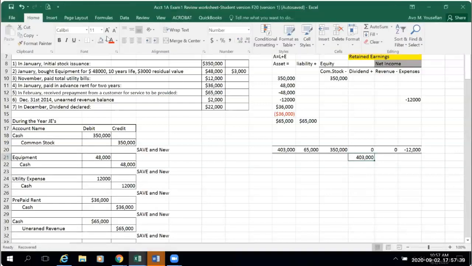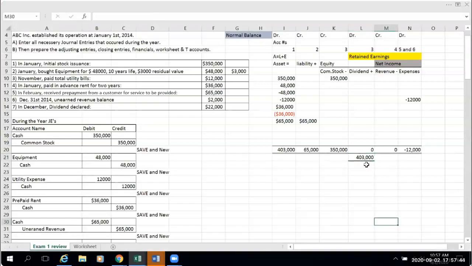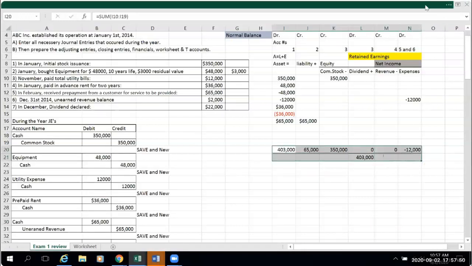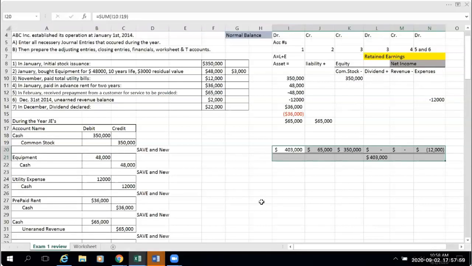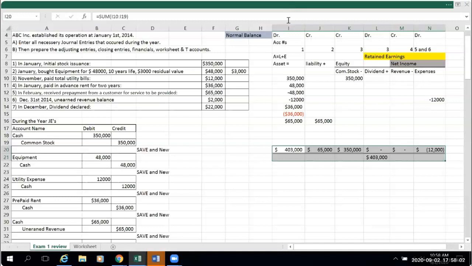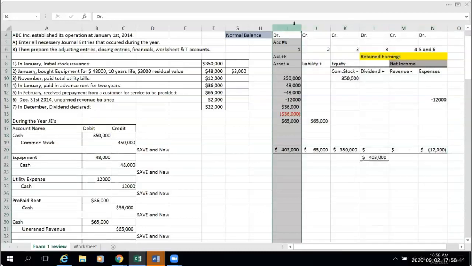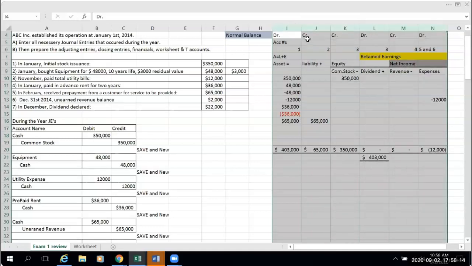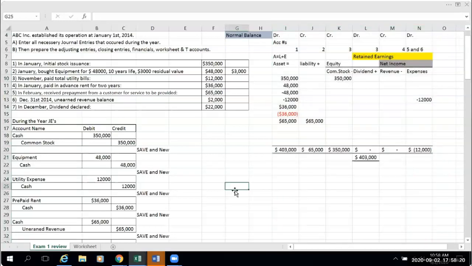So you see, now this liability plus equity equals to, make everything like $1 and reduce the, here we go. Okay, so far so good.